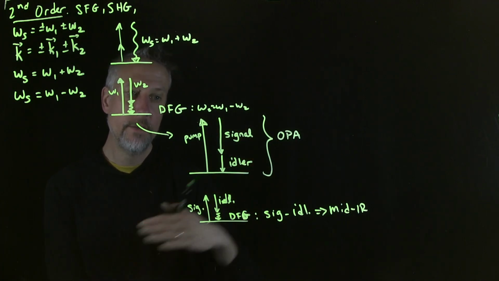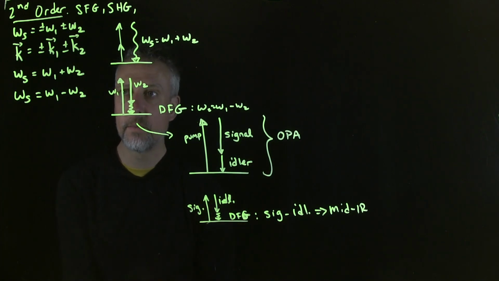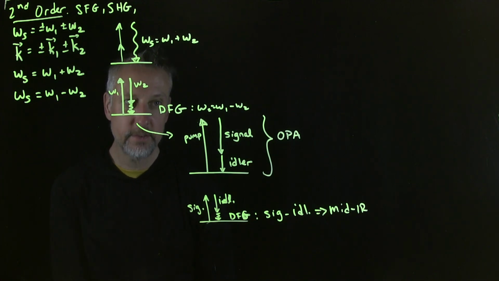Number two, there's some interesting dynamics of the actual amplification process that become enhanced when you can drive them into saturation, and that's easier to do sometimes in 2 steps. All right, so this is a pretty common way for generating mid-infrared light. And it's an example of a second-order nonlinear optical process.